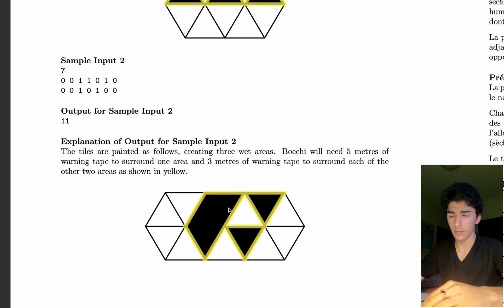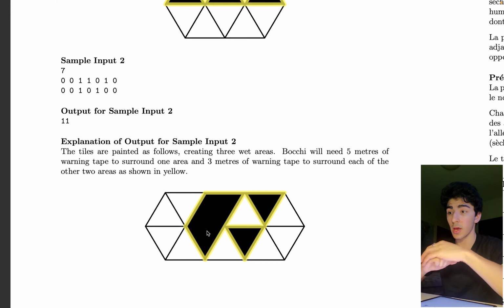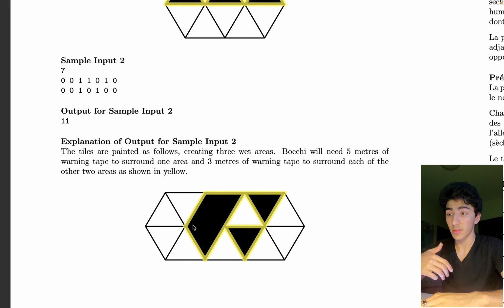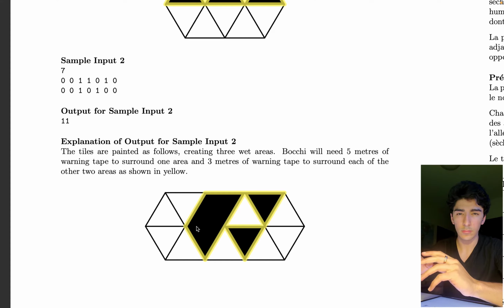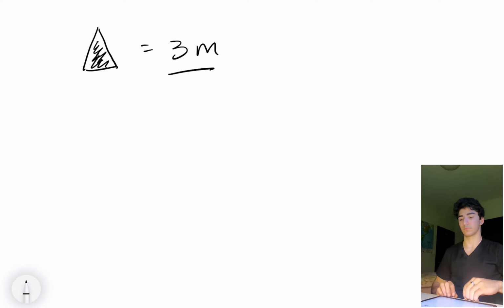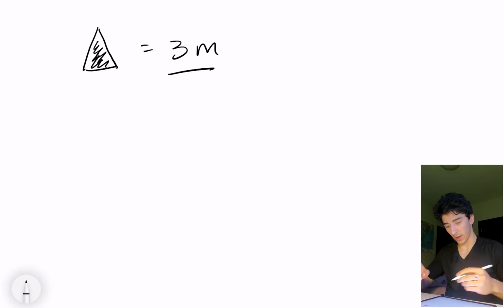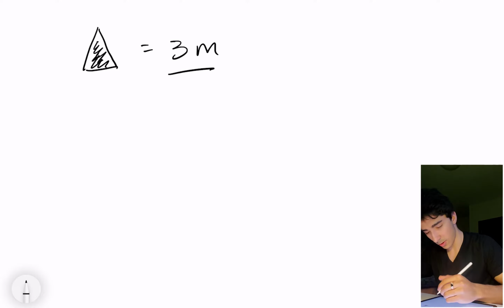And also, it's happening here. These triangles are touching vertically. But once again, since they are both wet and they are sharing a side right there, there is no need to put tape there either. So what does that actually mean for us? Well, let's get a handy pencil out.